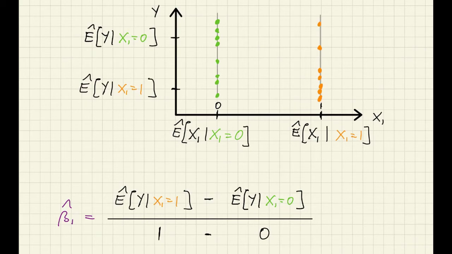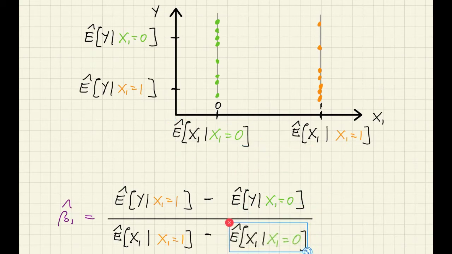Let me use all this to rewrite my formula. I found a way to rewrite my formula for beta 1 hat as an outcome difference between two groups divided by an input difference between two groups.